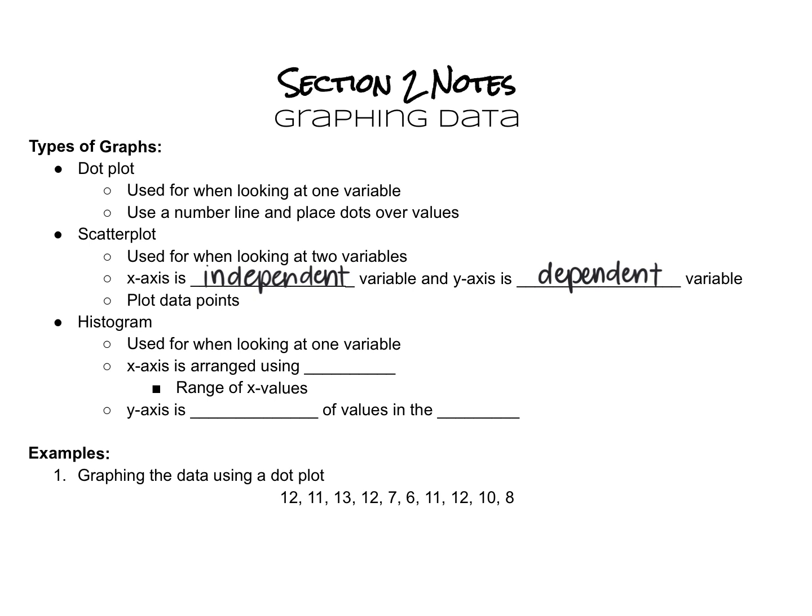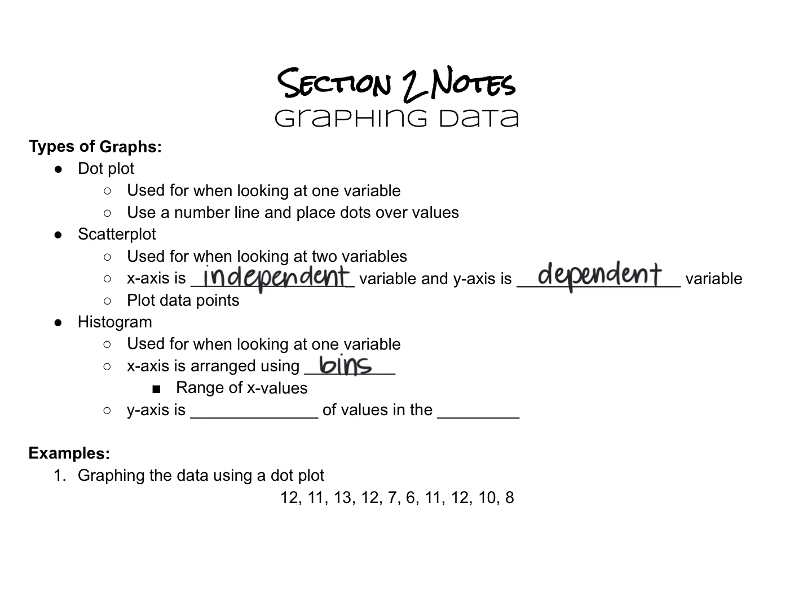It's very, very similar to a bar graph, except the bars touch. So we use it when we're looking at one variable, and the x-axis is arranged using something called bins. And those are a range of x values.